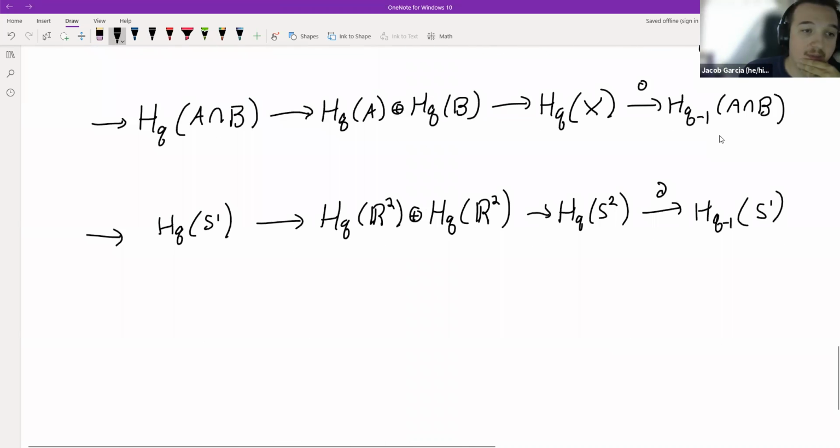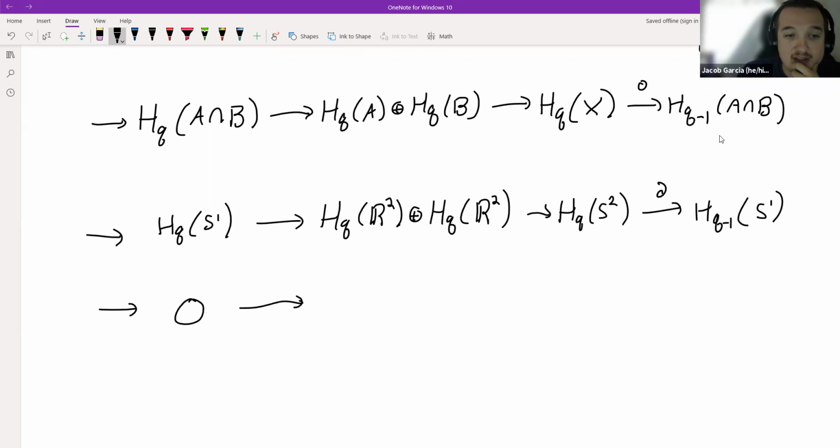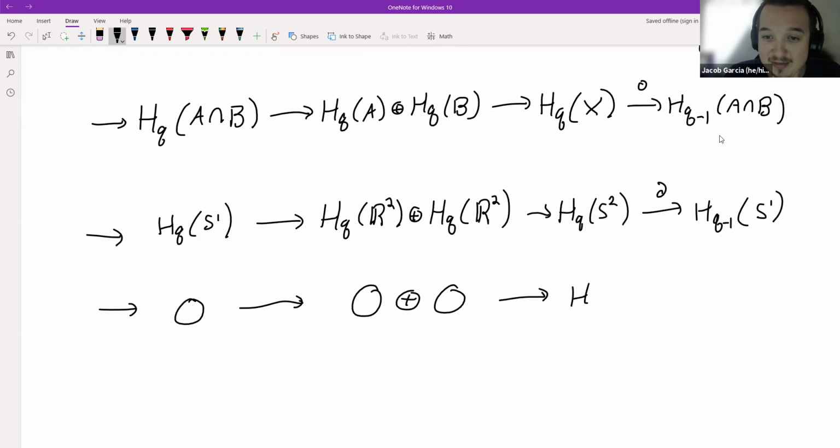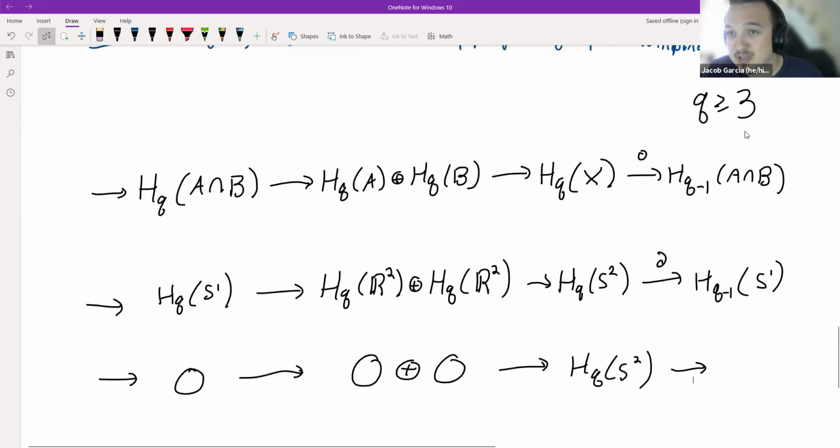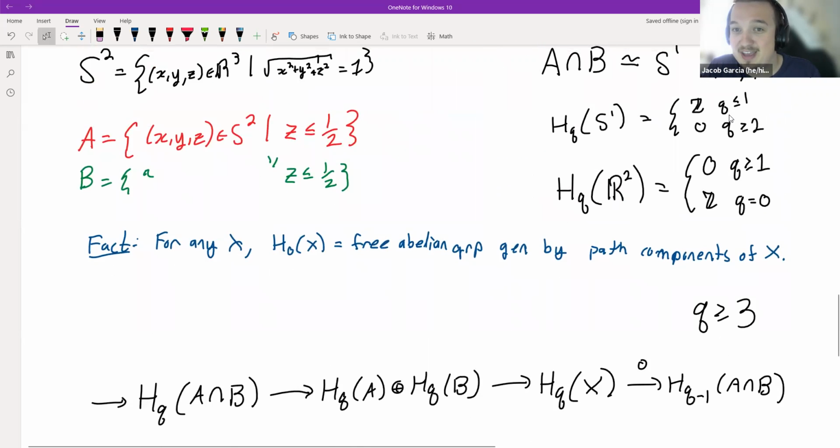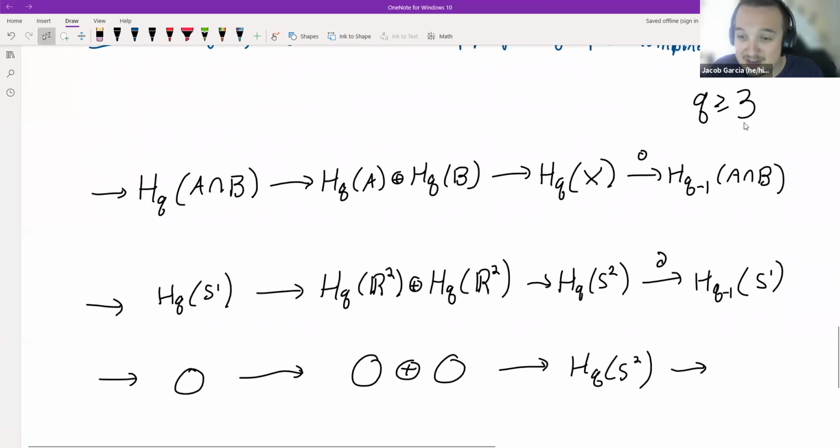So plugging in these homologies that I already know, this is a high circle homology, so this is 0. This is high homology of R2, R2, so that's the direct sum of 0 and 0. Then I have HQ of S2. Since Q is bigger than or equal to 3, Q minus 1 is bigger than or equal to 2, and reading this off, for Q greater than or equal to 2, my circle homology is 0. So this is just 0 again.